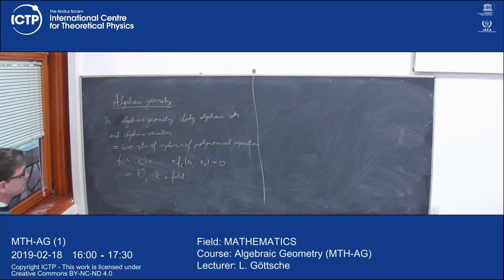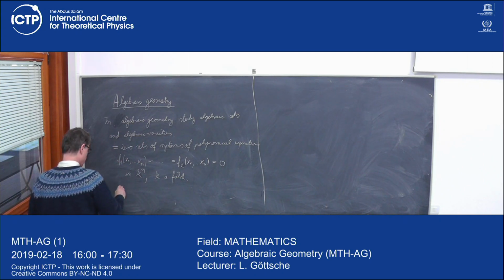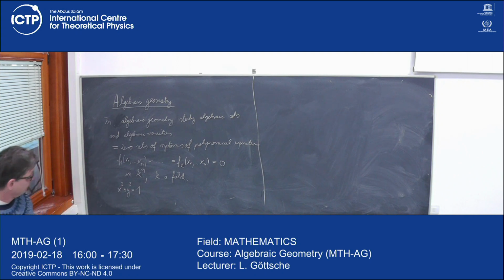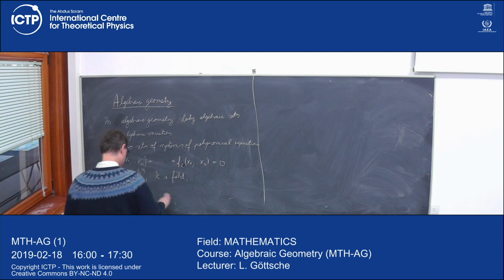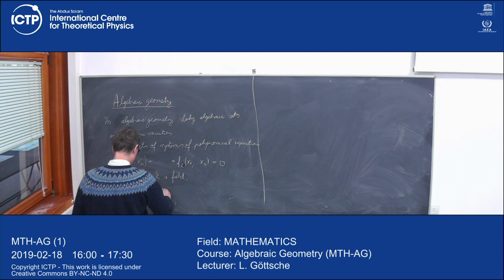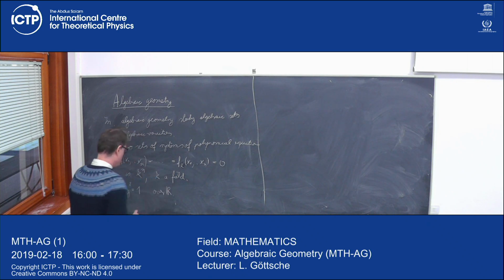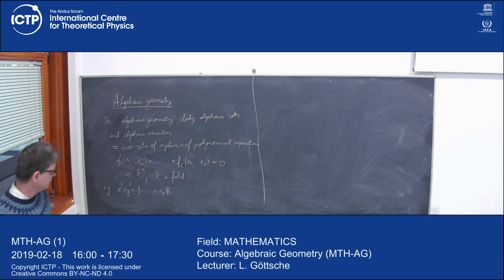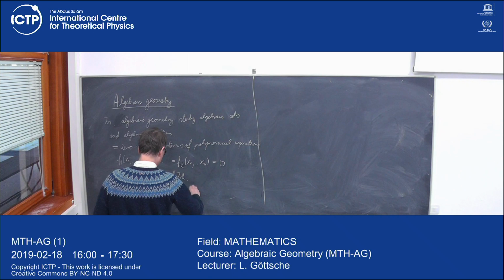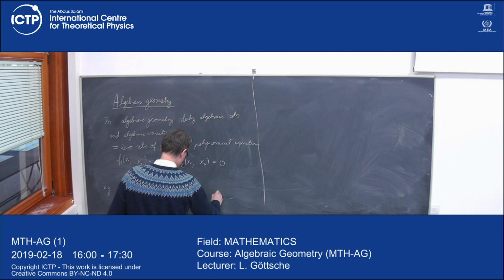So, for instance, to have something more familiar, if we look at the equation x squared plus y squared is equal to 1, then at least if we are working over the real numbers, so if our field k is the real numbers, then this gives us in R2 the unit circle.